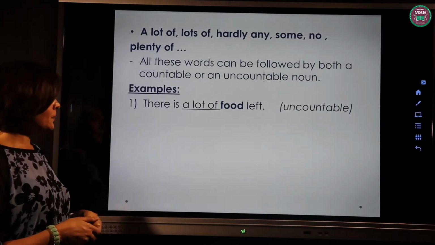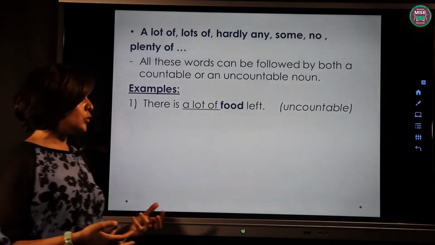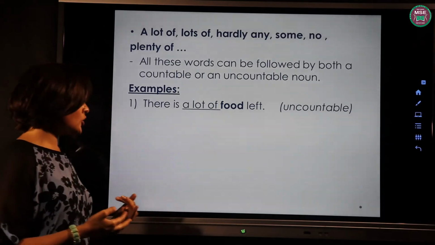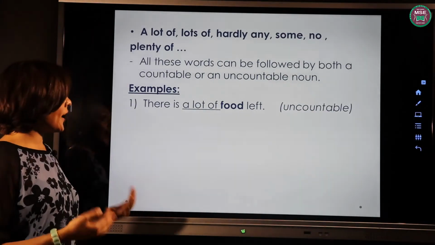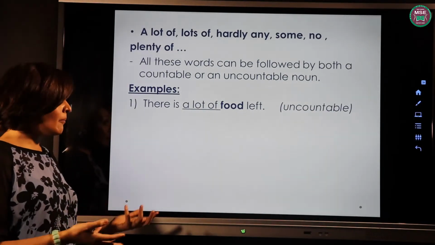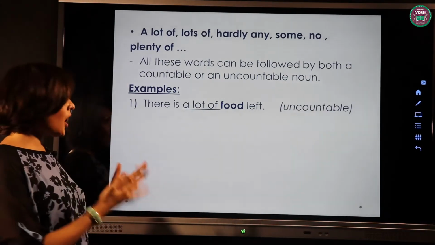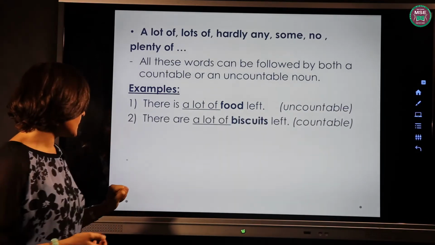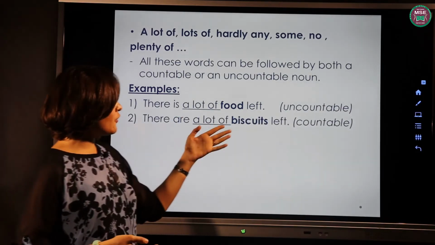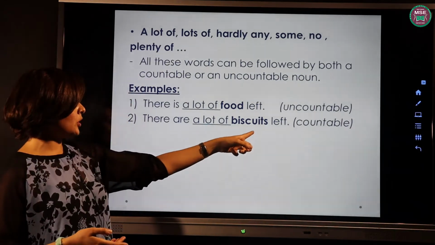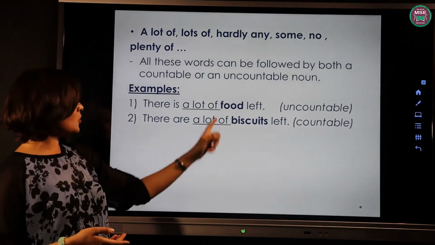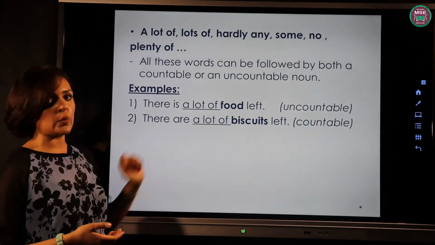For example, there is a lot of food left. I can say also, there is lots of food left. Or I can say, there is some food left. So I can use any of these words. There are a lot of biscuits left. Here we see biscuits is countable and food is uncountable, and I use the same expression with both.